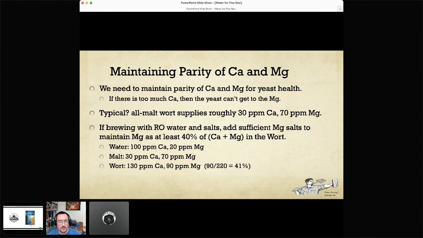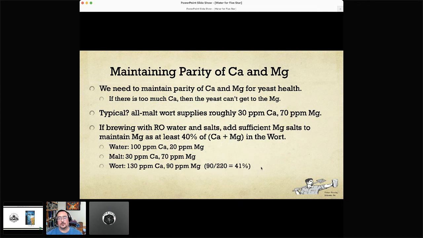In this example, I've got 100 calcium and 20 magnesium. If the malt is typically supplying 30 ppm of calcium and 70 ppm of magnesium, then the combined total in the wort is 130 calcium and 90 magnesium, and 90 over 220 total is about 41%.